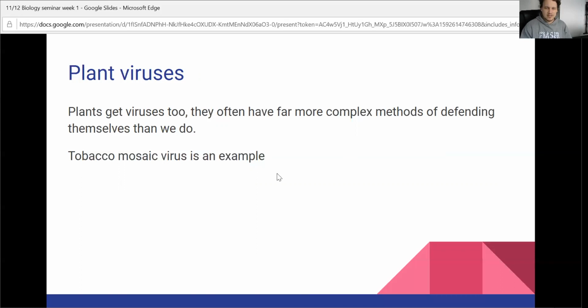So tobacco mosaic virus is an example. Tomato mosaic virus. Lots of plant viruses that cause disease in plants, and that's why we have to be so careful at the borders. Those of us who are old enough to remember the old no fruit beyond these points to stop the spread of fruit fly between Queensland and New South Wales.